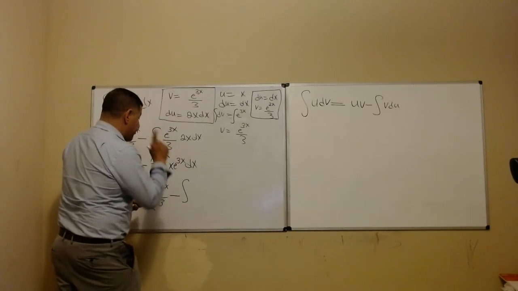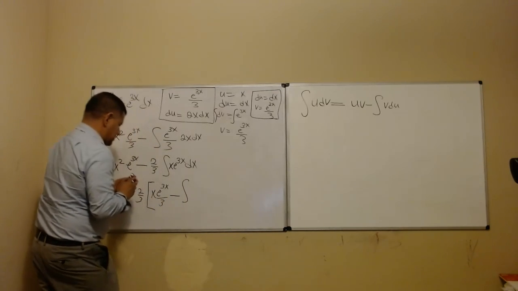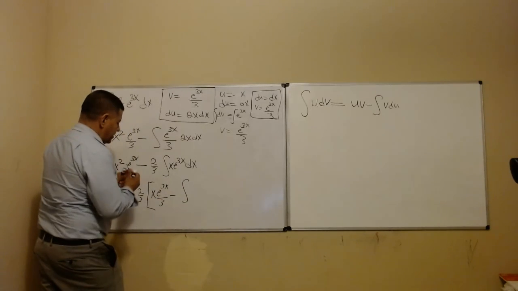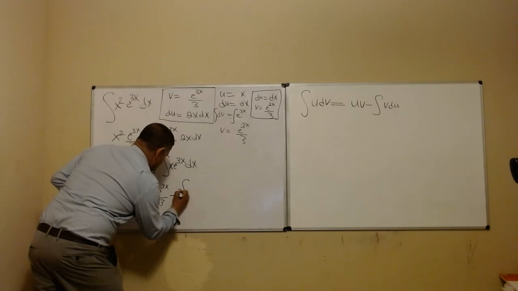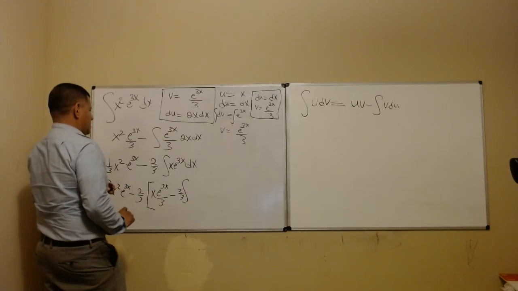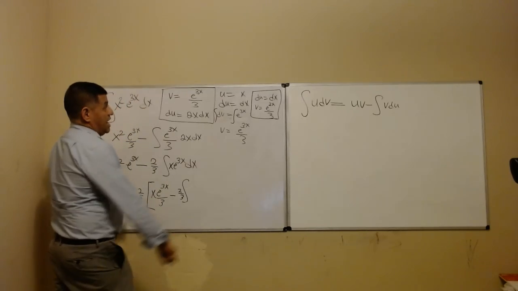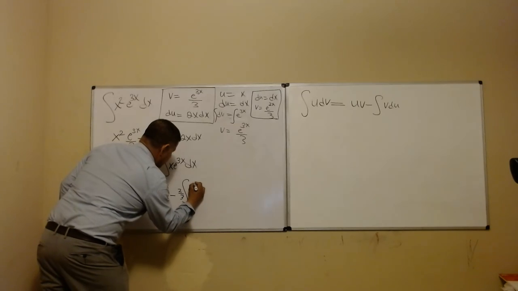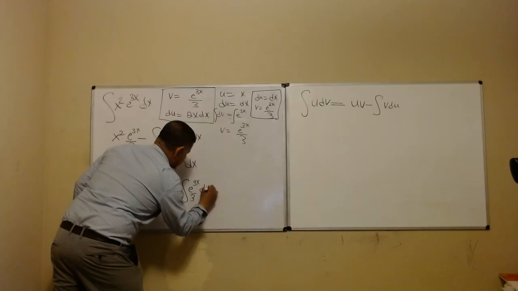And then we have 2/3 sitting right there, right? Then what do I have here? Well, in this integral, I just have v, which is e to the 3x over 3, and then dx, right?